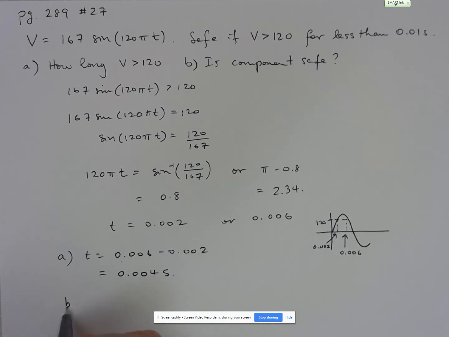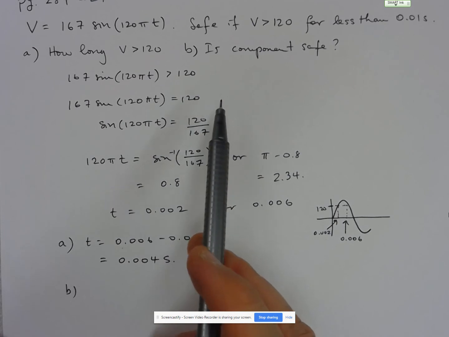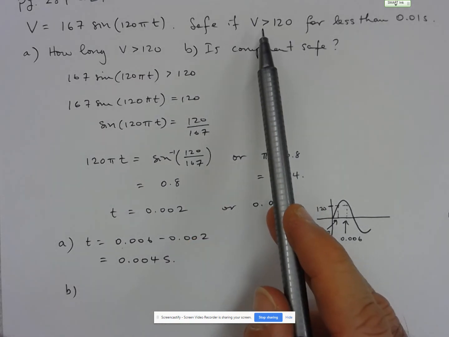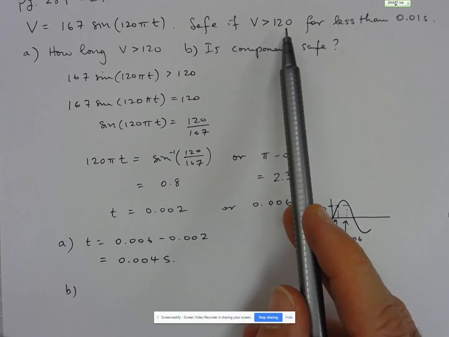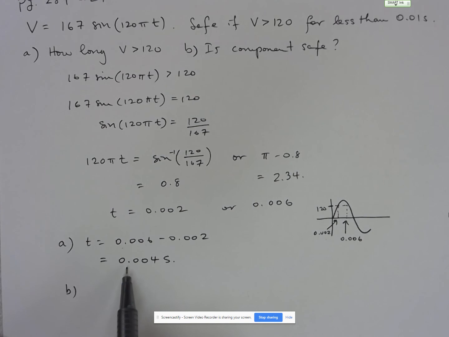So now this allows us to answer part B. Is it safe to use this component? Well, this component is fine as long as it's not over 120 volts for 0.01 seconds or more. But here we see that it's greater than 120 for only 0.004 seconds.